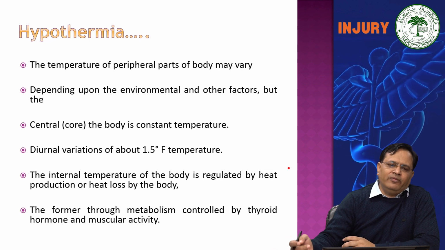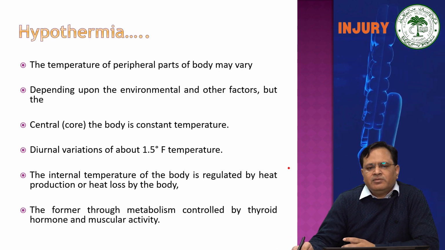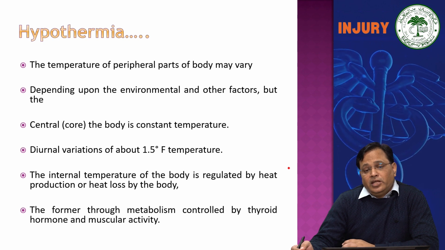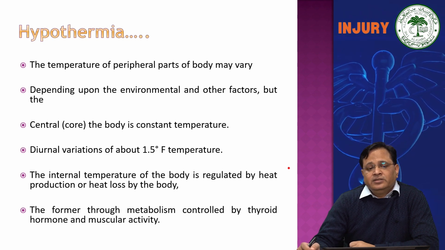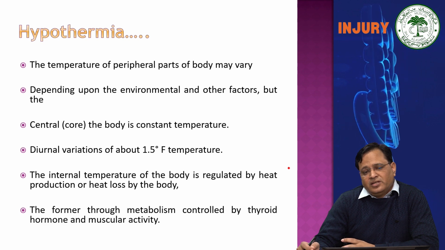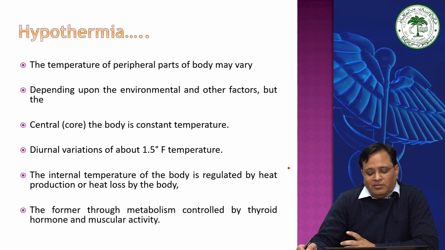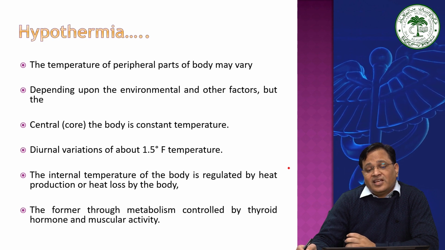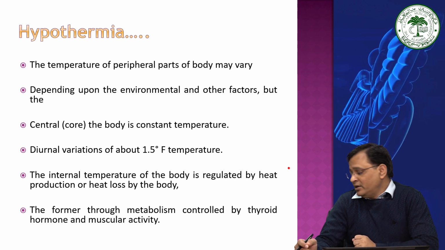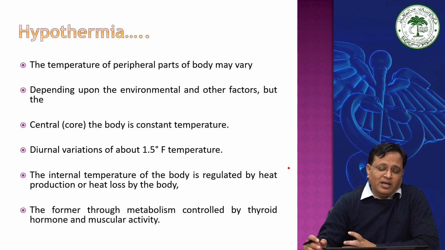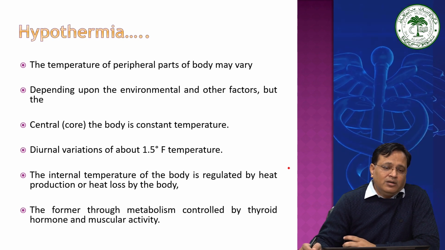The temperature of the peripheral part of the body may vary depending upon environmental and other factors. The central or core body temperature is constant, but the thermoregulatory center tries to make it constant, though it may vary also.